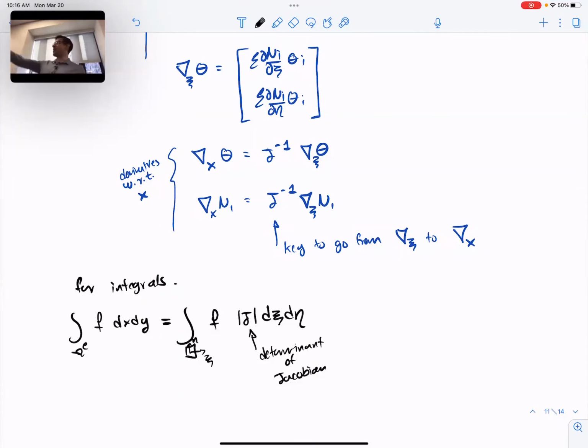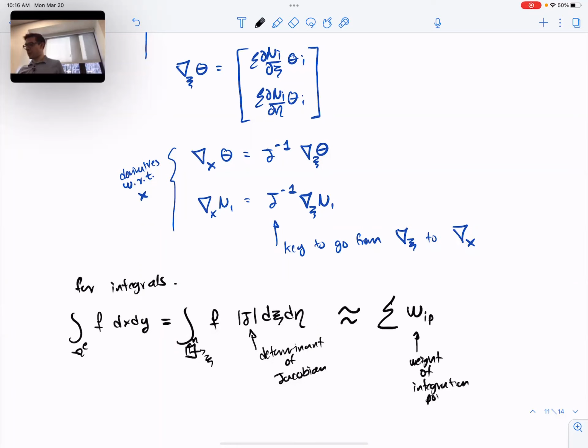And then at the end of the day, how do we evaluate that? How do we approximate that? What we're going to do is sum the value of the weight of the integration point from the table, times the value of the function evaluated at that integration point, times the determinant of the Jacobian at that integration point, and that's it.